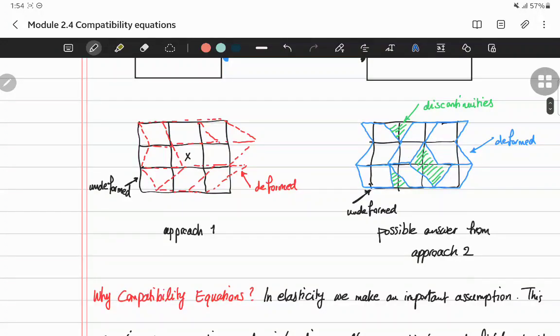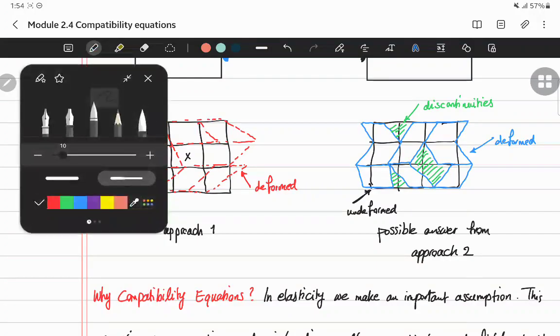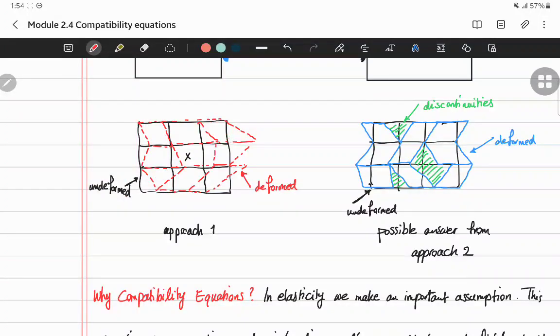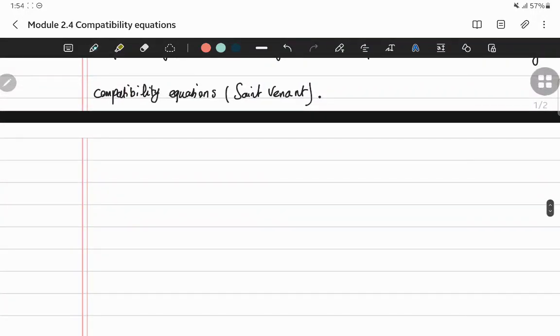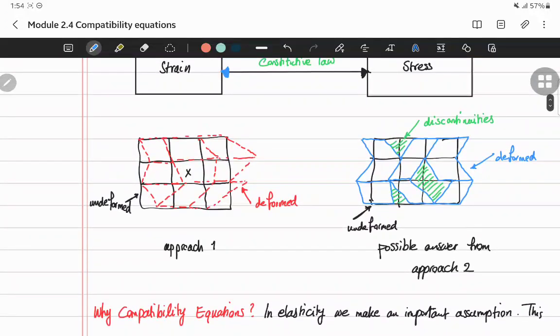We want to land in something like this, for example, if we move from approach 2. I also need to add something here. We need to get a displacement field which is continuous and also single valued. Therefore, I also like to add here that we only need to satisfy these compatibility equations from approach 2.